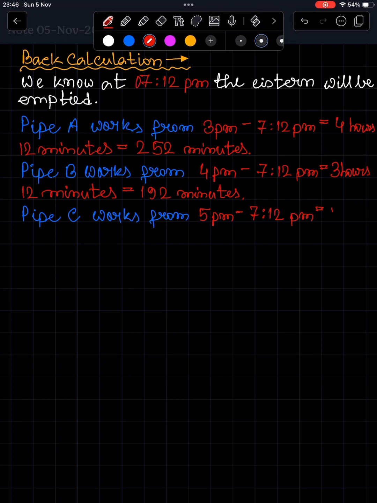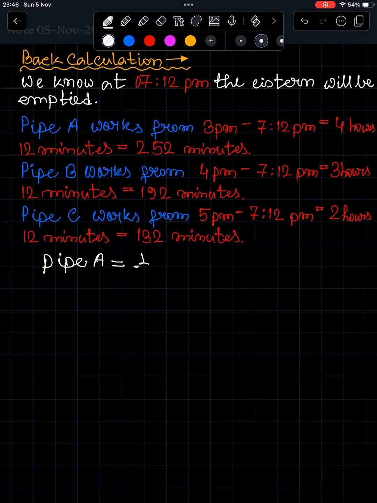And now here comes pipe C, which was started at 5 pm. That means pipe C has worked from 5 pm to 7:12 pm. That means 2 hours and 12 minutes, which is in total 132 minutes.